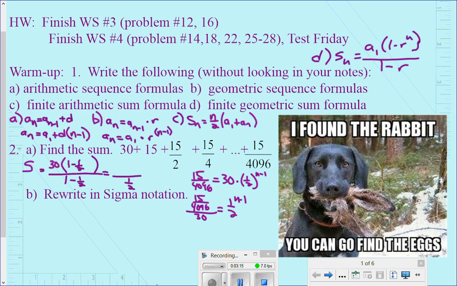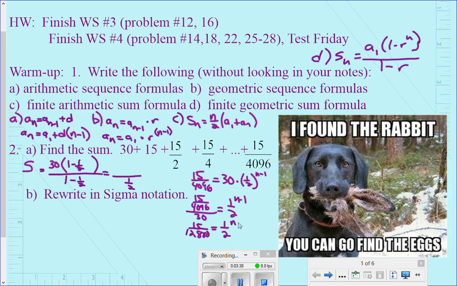Let's see, did I simplify that? Looks like I did, yes. So 15 over 4096 divided by 30 gives me 15 over 122,880, which I think might simplify, but I'll just leave it. It doesn't really matter.